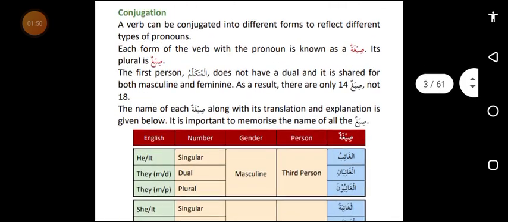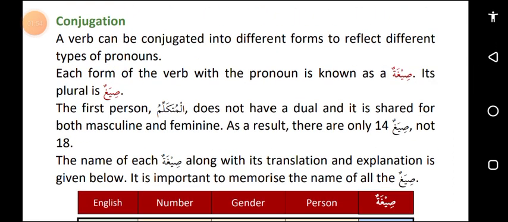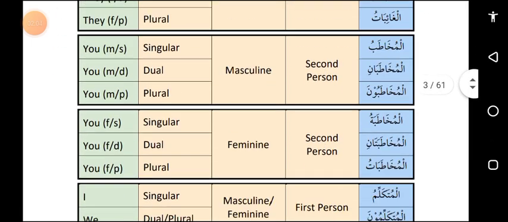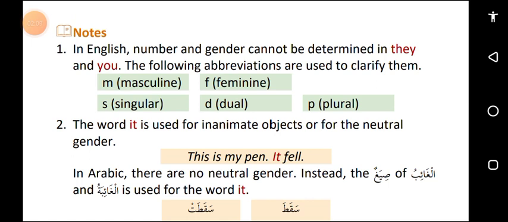Now what is a conjugation? A conjugation is when you take a set of root letters and join them with the fa'ils. A fa'il can be masculine or feminine, singular, dual or plural. So what we do is we change the fa'il and the root remains the same.